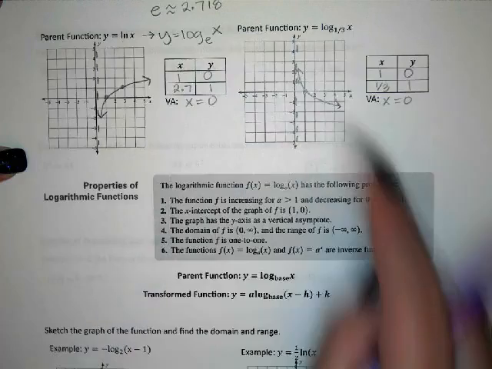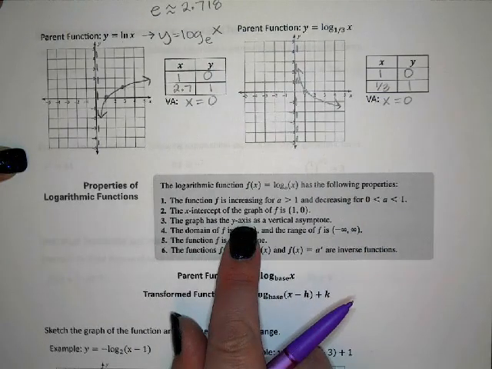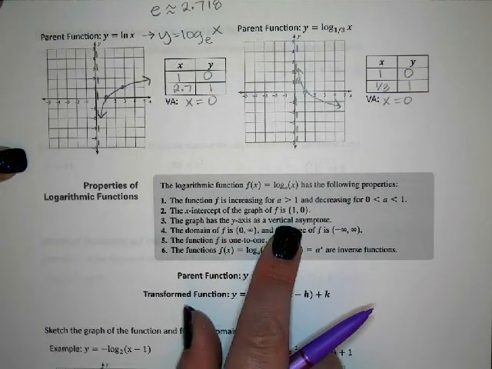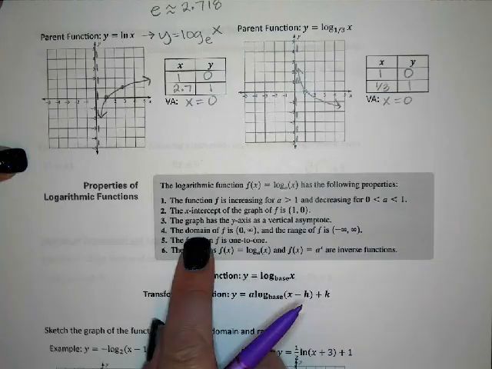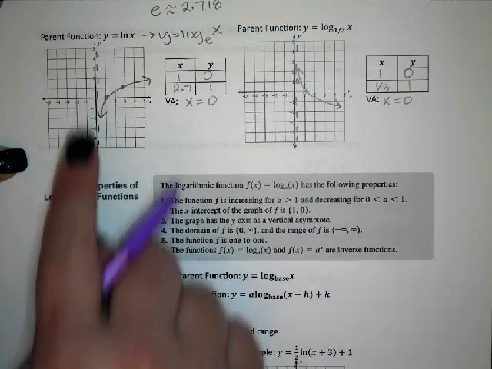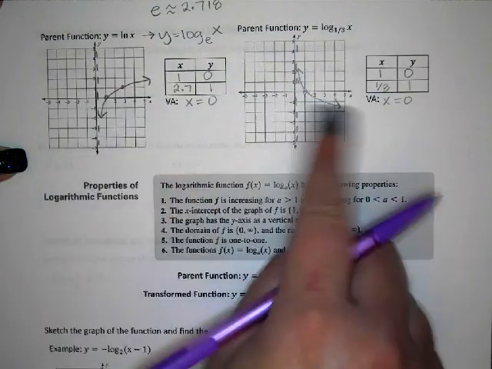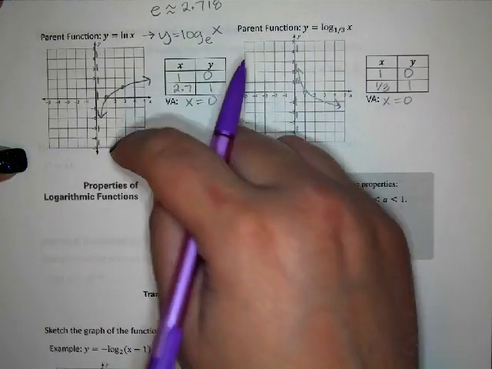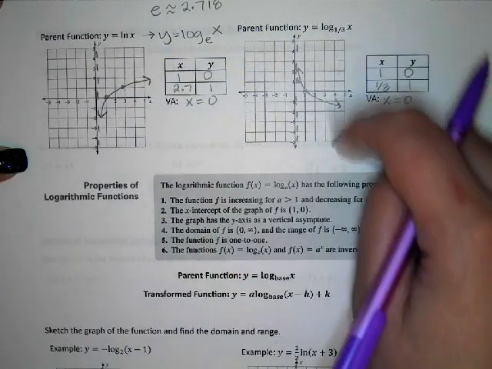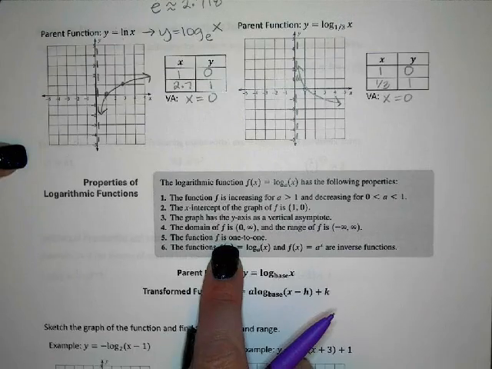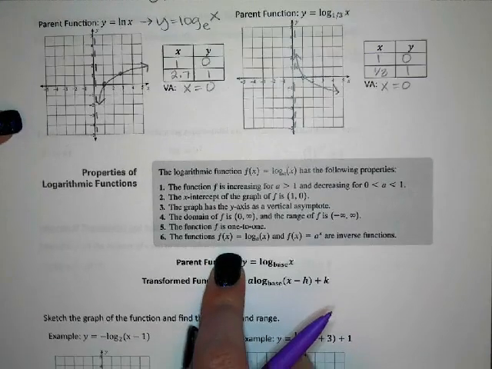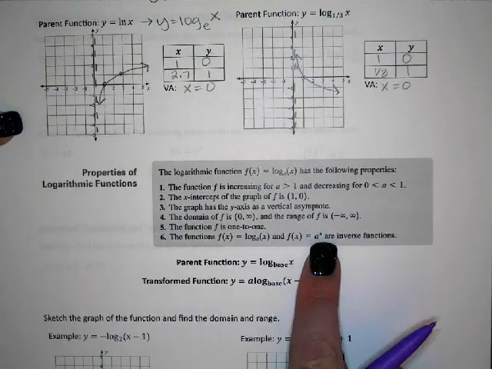The graph always has the y-axis as a vertical asymptote. The domain of the graph is from 0 to infinity. The range of the graph is all real numbers. The function is 1 to 1. That means it has an inverse. You can find the inverse. And log and exponential functions are inverse functions.